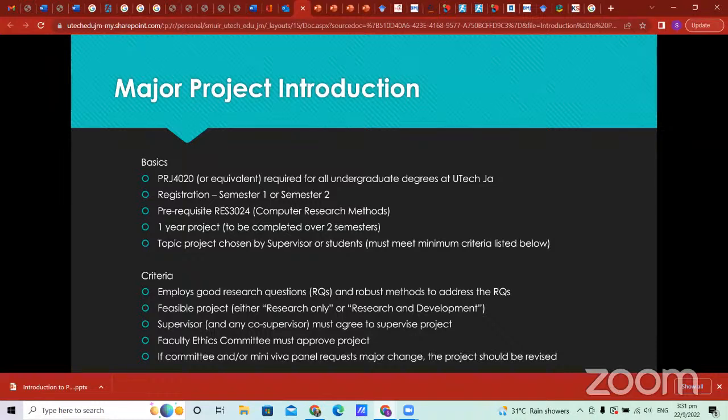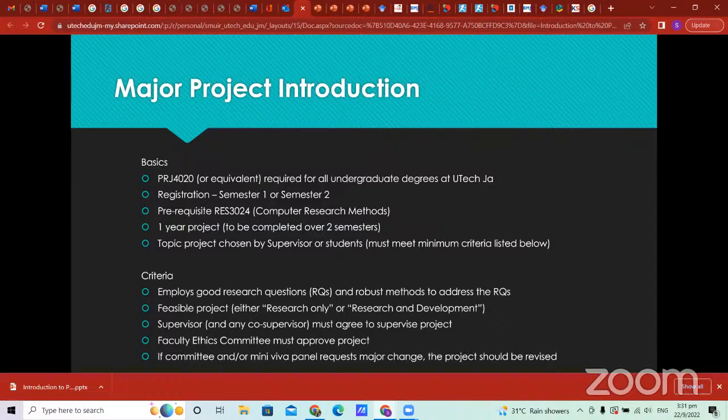The project must employ good research questions, and it must have methods that will be able to answer the research questions. A good method is what is called robust. It must be feasible, and you have options between research only, research and mini development, and research and major development.